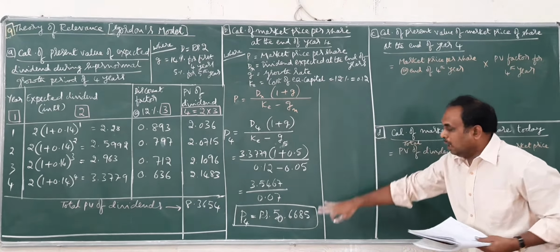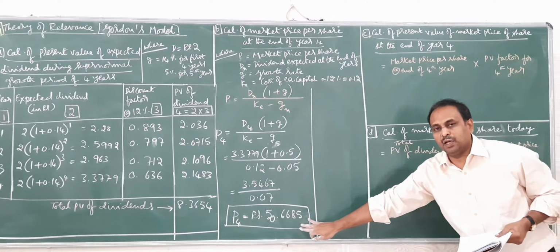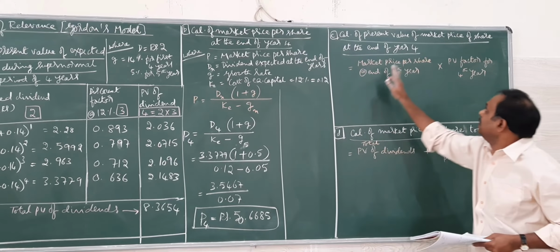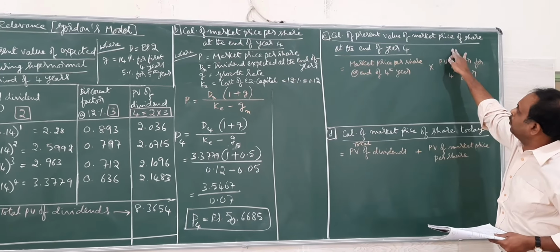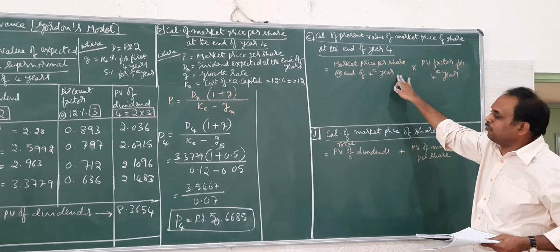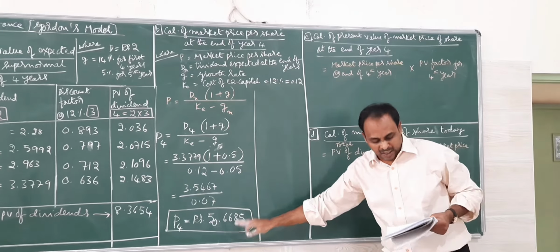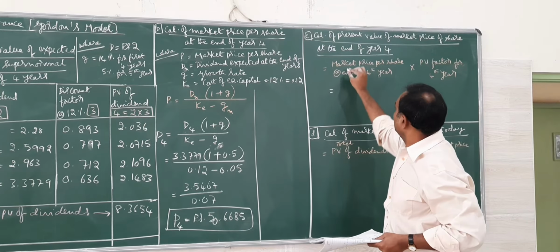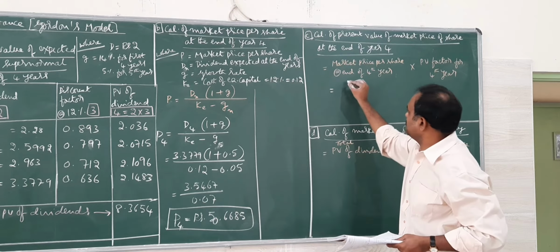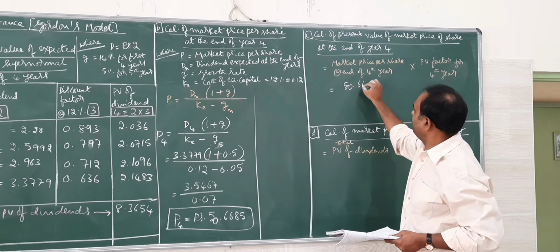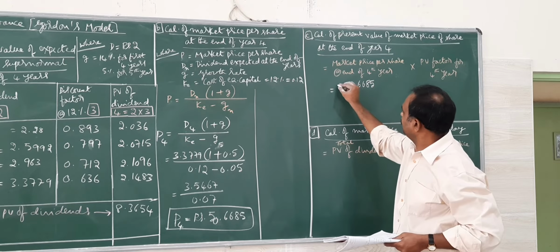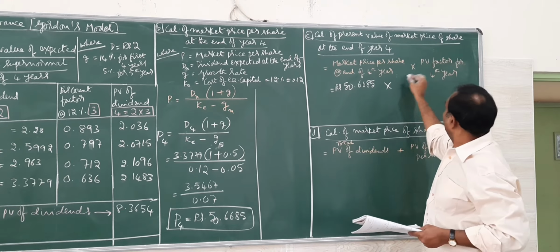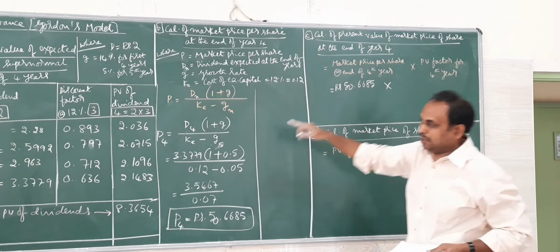Then at the end of 4 years, the value of the money will not remain the same. So we have to find the present value of the market price per share at the end of 4 years after considering the time value of money. So I will take the market price I have calculated here, then the present value factor of the 4th year.